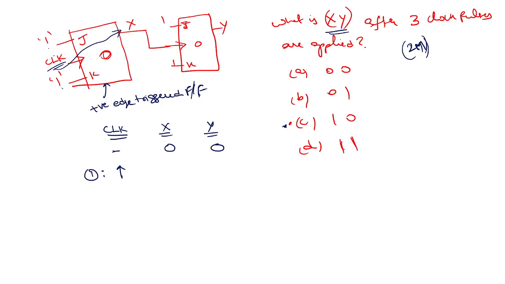Output will be toggled, so X will become 1. A 0 to 1 transition has happened. A 0 to 1 transition is a positive edge to the next flip-flop, so this flip-flop is also activated. Obviously the next flip-flop will toggle. Y also will become 1.